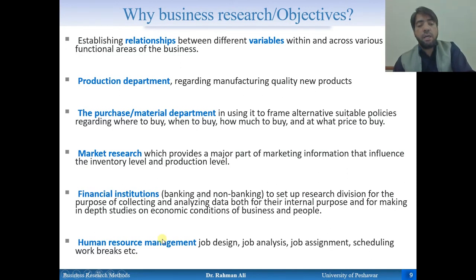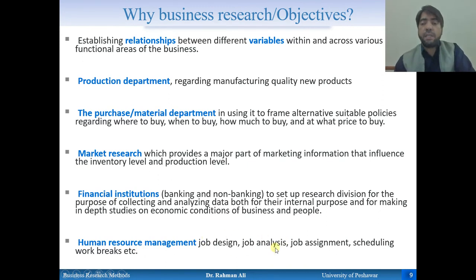Similarly, the HR department also needs business research. They can best analyze the job status of their current employees and the assignments assigned to the employees, and they can schedule work breaks.